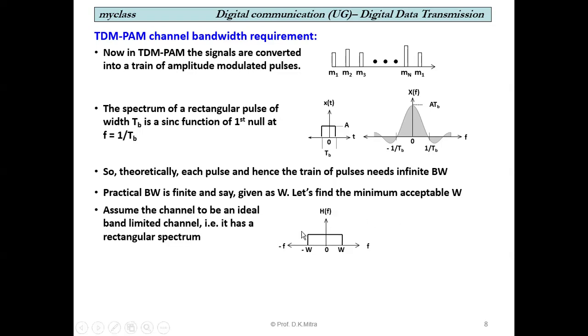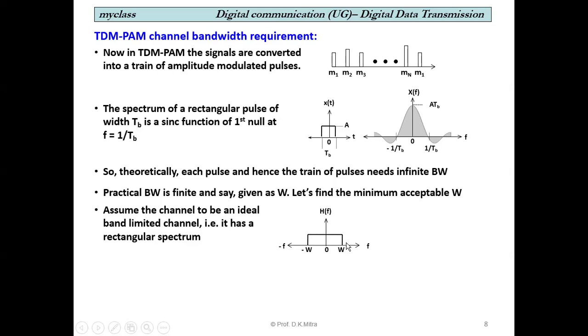How do we do it? Let us say the channel you have purchased is an ideal band limited channel. That means the function is flat from minus W to plus W, and the moment the signal frequency crosses W or minus W, it drops down to 0.